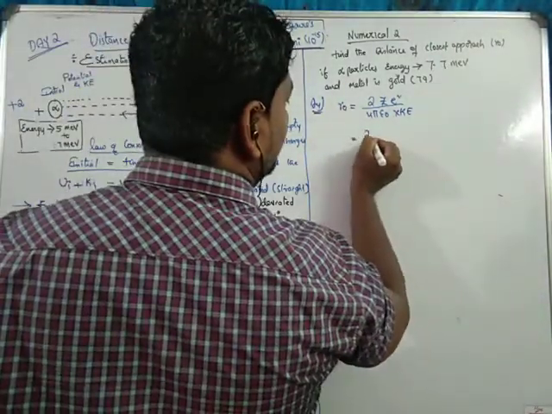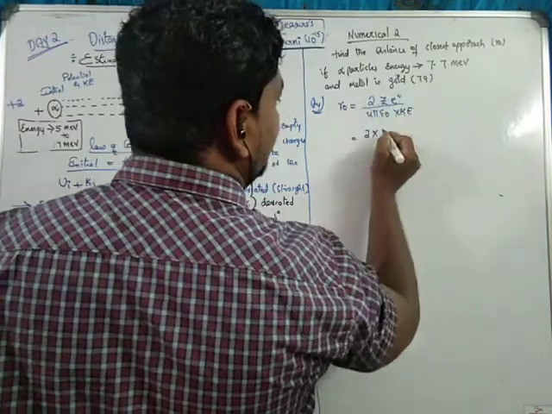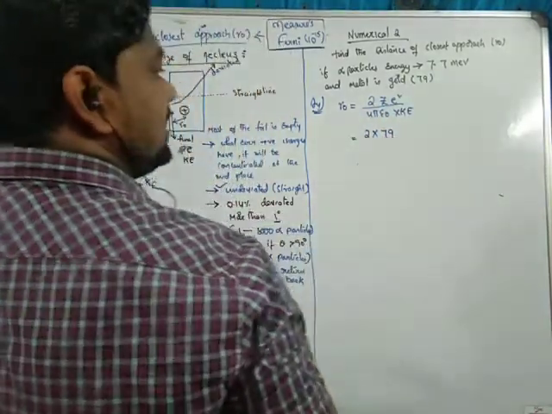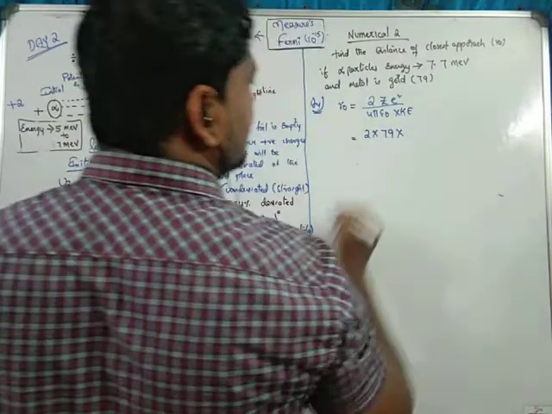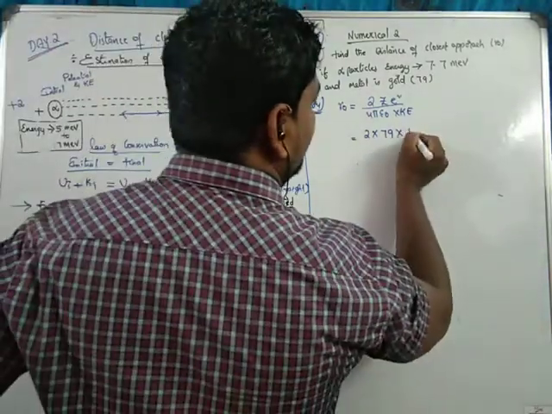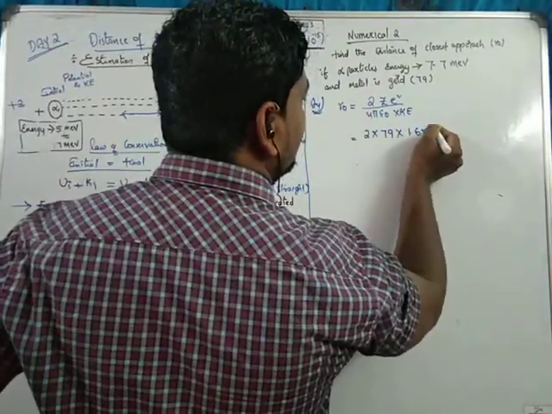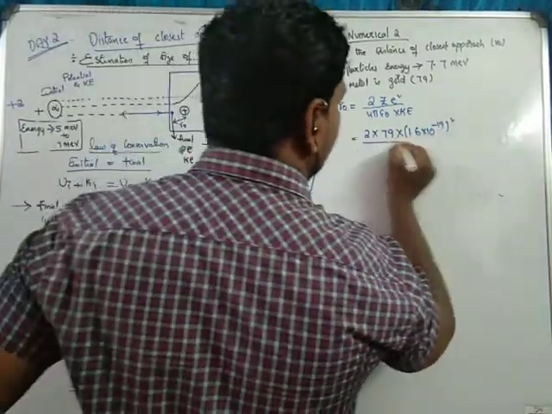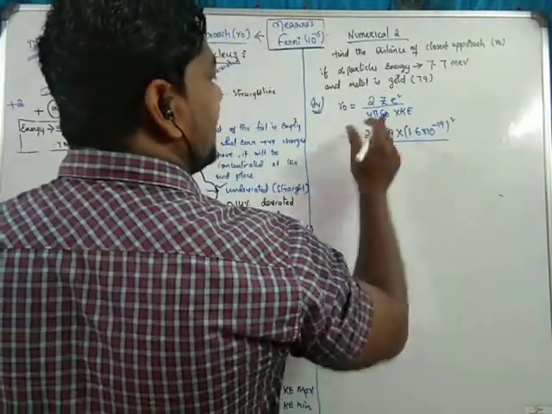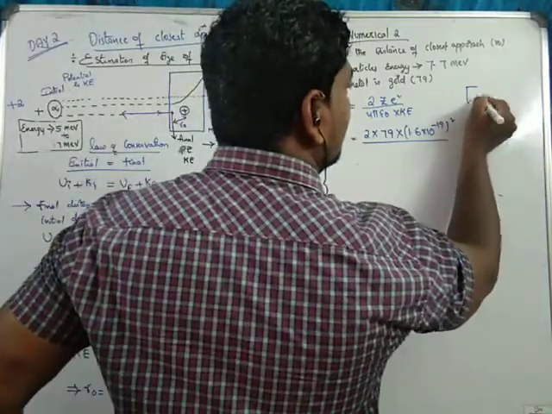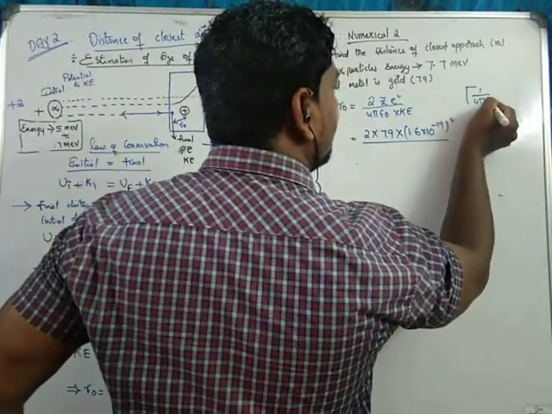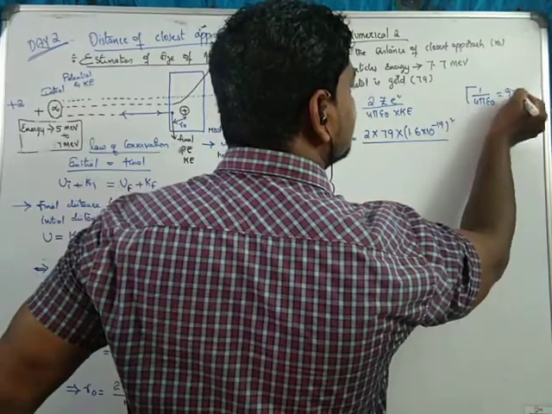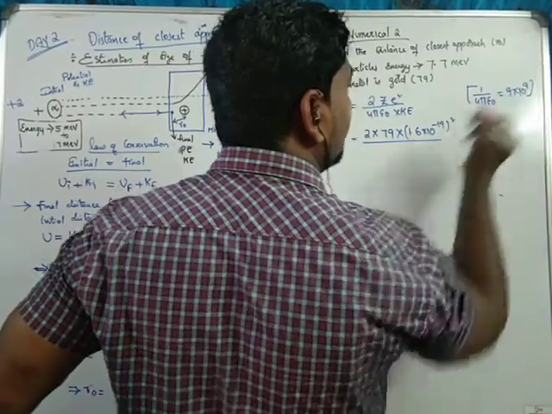Here 2 into Z value is given as 79, into the charge of electron 1.6 into 10 to the power of minus 19, the term squared, divided by 4 pi epsilon naught. 1 by 4 pi epsilon naught we can write as 9 into 10 to the power of 9.